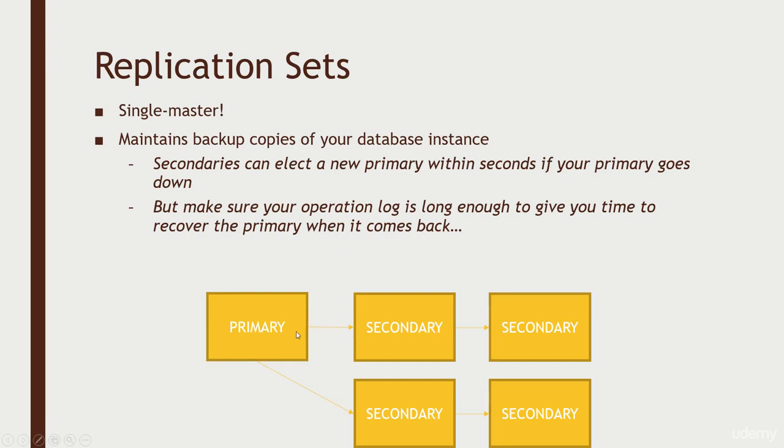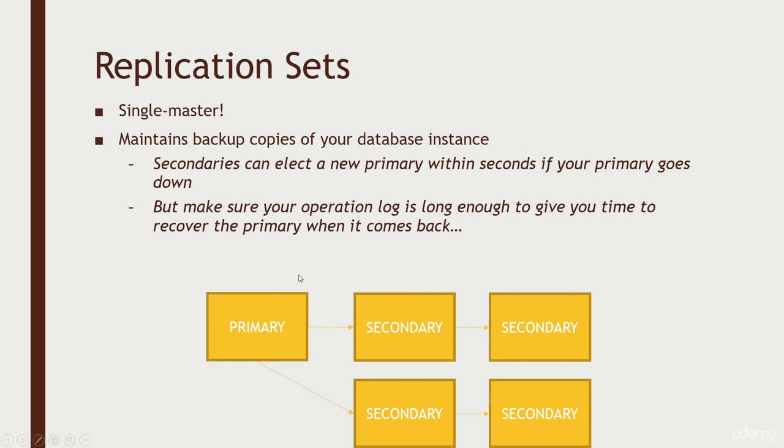And the way that replication chain works is kind of arbitrary. It actually just tries to figure out which server it can talk to most quickly. Where's it getting the fastest ping times from? So, you don't necessarily have this sort of structure where you have a primary talking to a secondary and another secondary backing up from another secondary. These arrows could be pointing pretty much anywhere in practice. So the good thing, though, is that if that primary does go down, a new secondary can be elected and take its place within seconds.